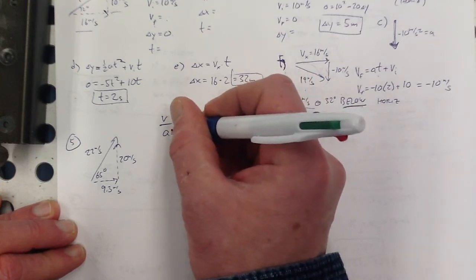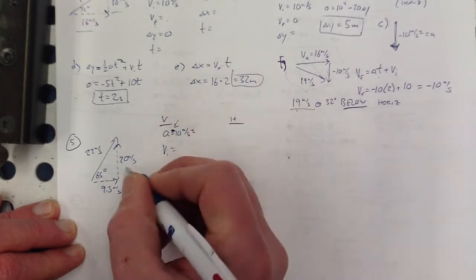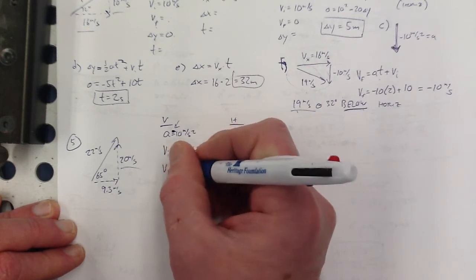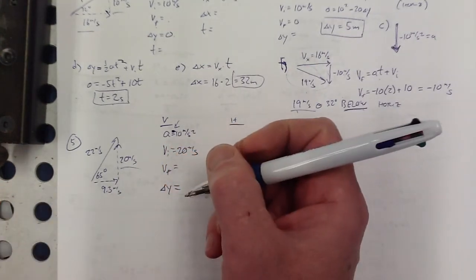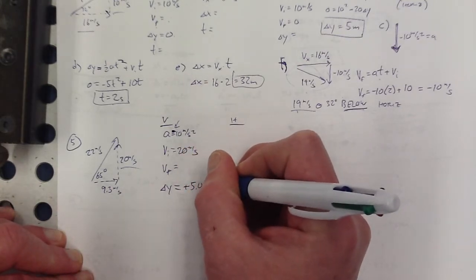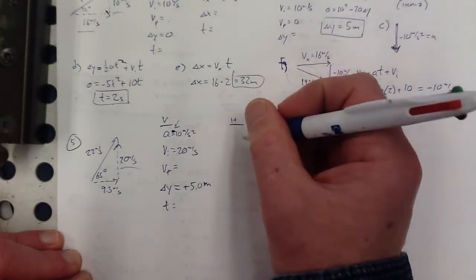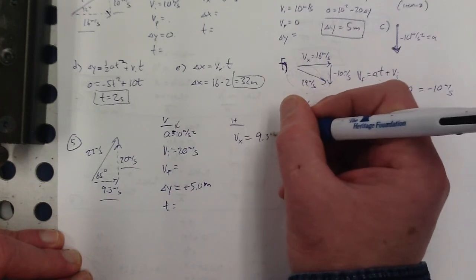Sorry, my negative sign right there. The Vi in the vertical direction is 20. The Vf, don't know. The delta y, this one is going up. It's going up 5 meters. And probably going to find the time in a second. 9.3.